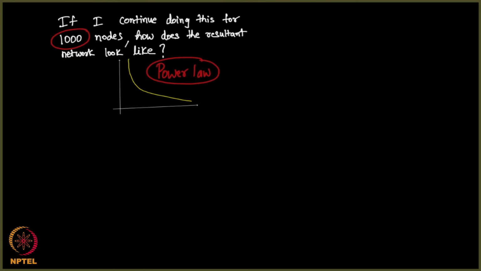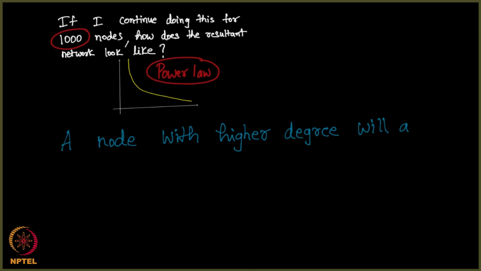A node with higher degree will attract more edges to it. Why is that? Isn't that obvious? That's what we have been discussing.